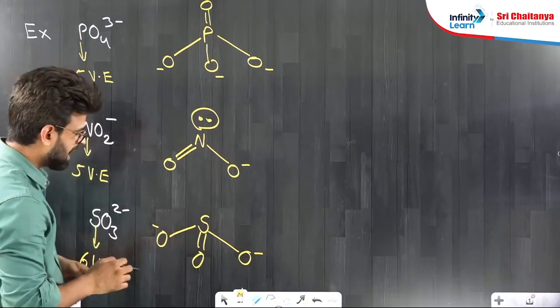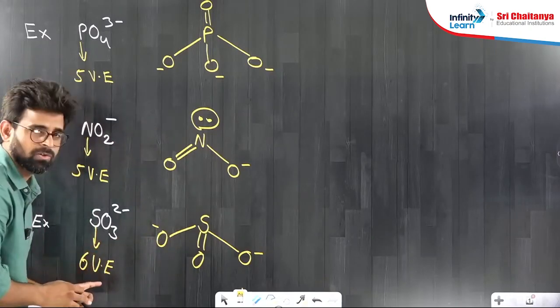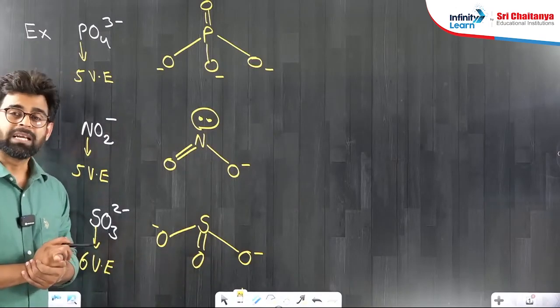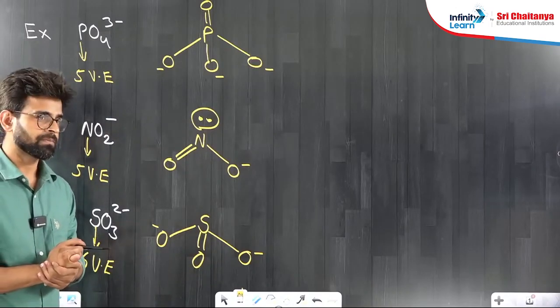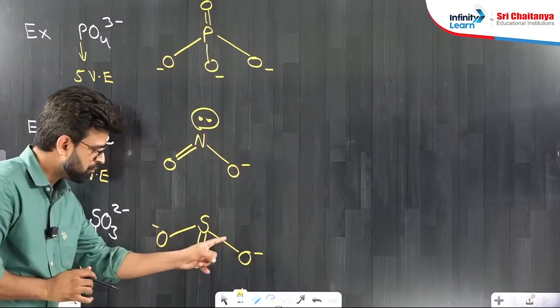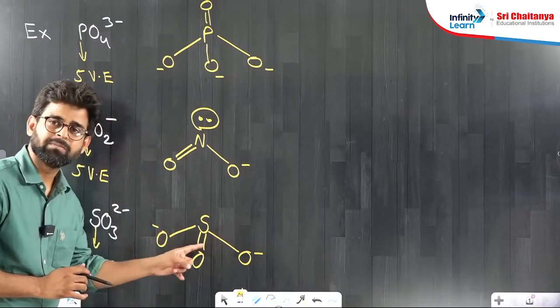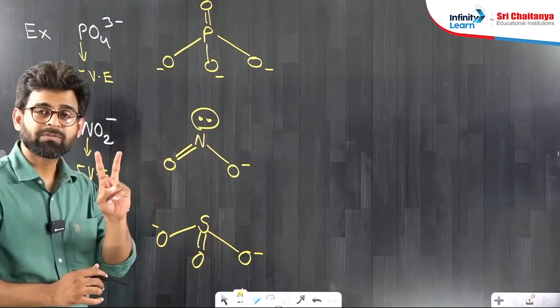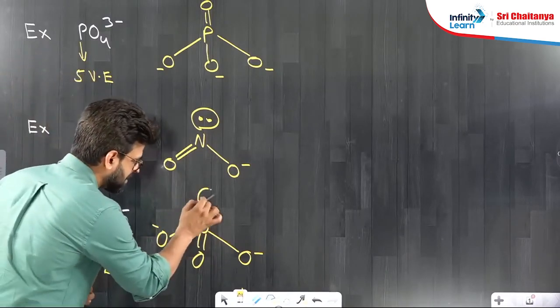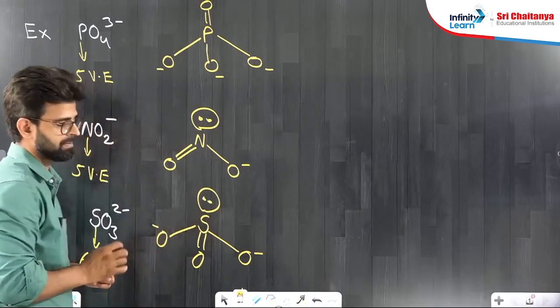Right? Clear? And out of the 6 valence electrons, tell me, sulfur used how many valence electrons in making bonds? So sulfur used its 4 valence electrons in making bond. So how many left? 2 left. So those 2 you see will become lone pair.